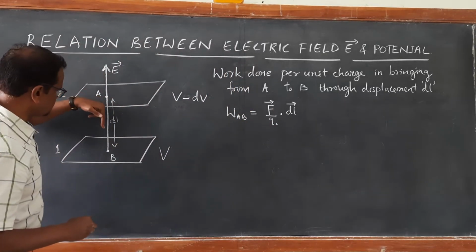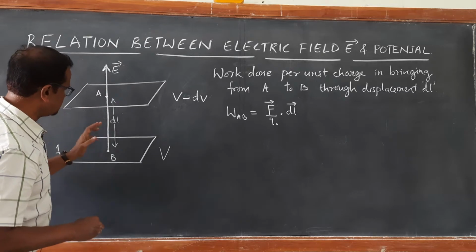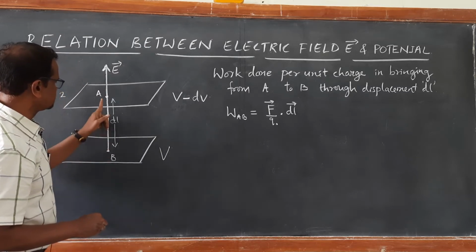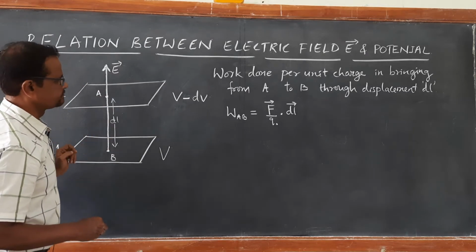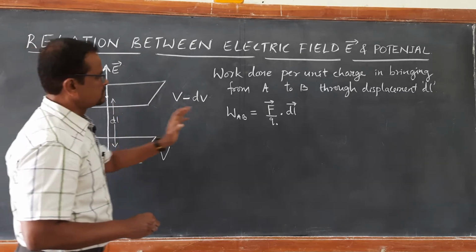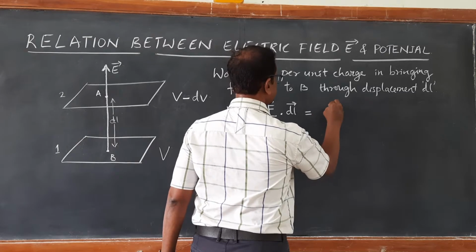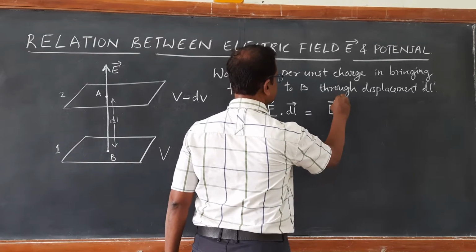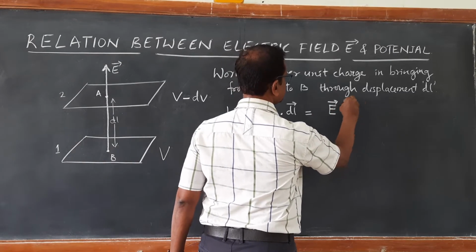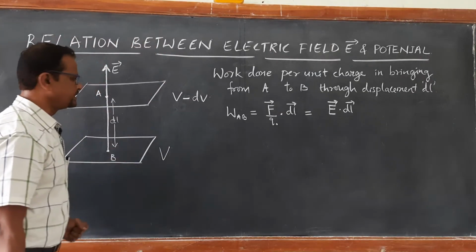The force per unit charge is exerted in this direction, and displacement is, you can see, in this direction. Now, this is equal to E dot dl.